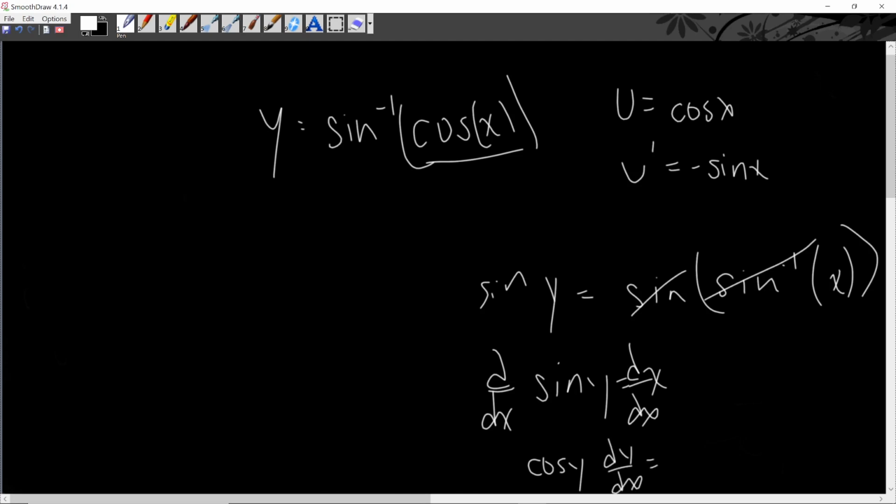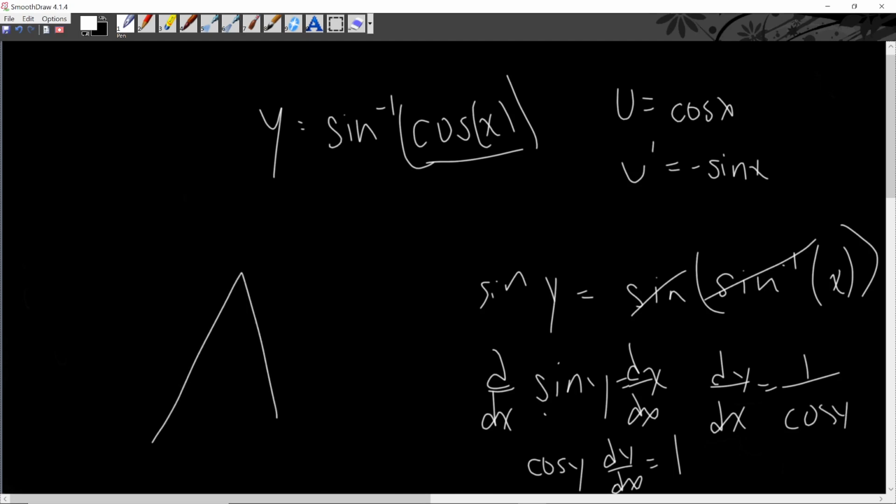And the derivative of x is just going to be 1. Again, we had to do d dy of sine y times dy dx, chain rule, because y is not explicitly defined as a function of x. So now when we solve for dy dx, we get 1 over cosine y. And now let's draw that triangle.